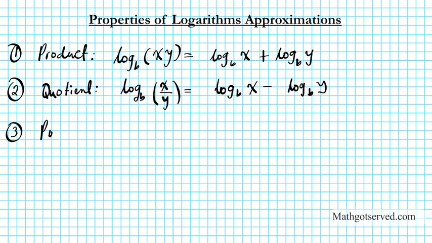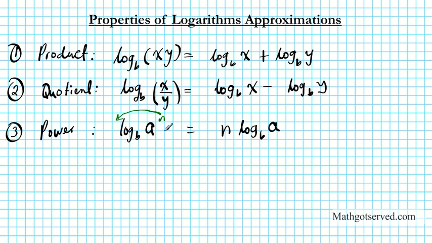The next one we'll look at is the power property. What do you do if you have the logarithm of a power? Let's say you have log base b of a raised to the nth power. It can be rewritten as n log base b of a. Basically, the power comes to the front.